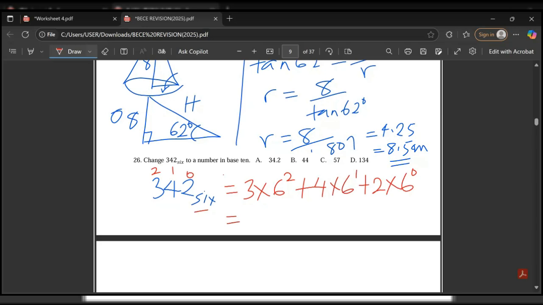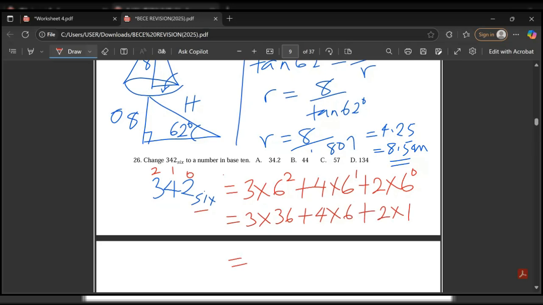So that means we have 3 times 6 squared, which is 36, plus 4 times 6 to the power 1, which is 6, plus 2 times 6 to the power 0, which is 1.